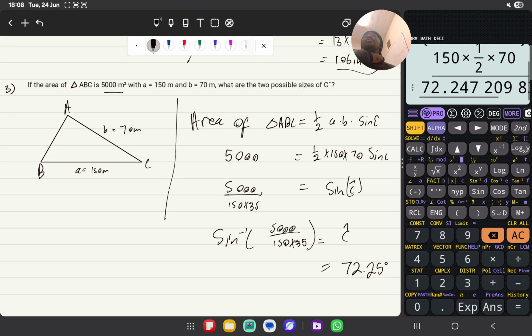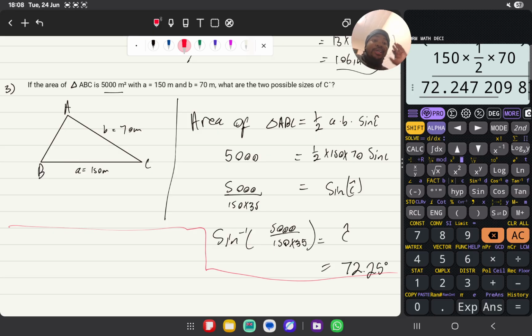So now we can apply the reduction formula that we spoke about. We're talking about sine here, of course, and our sine is positive. Then you ask yourself, where is sine positive?